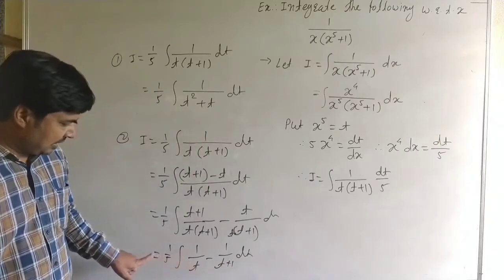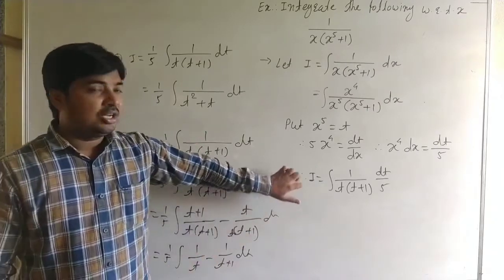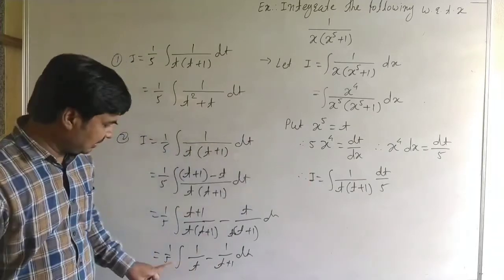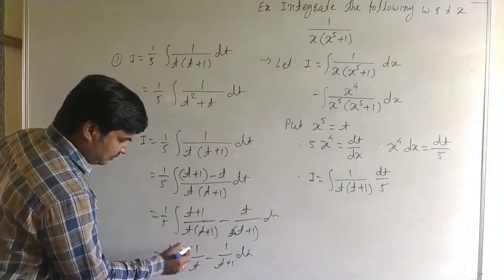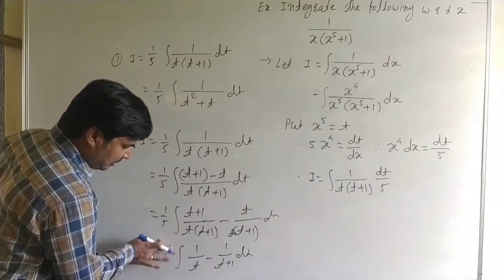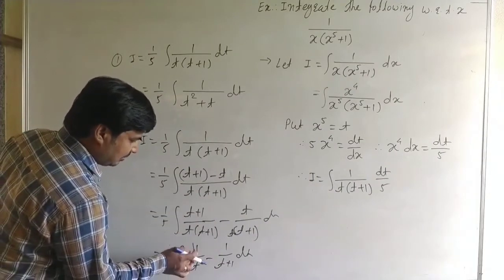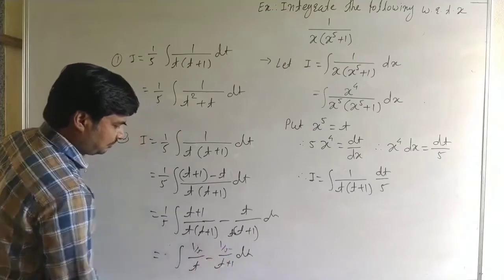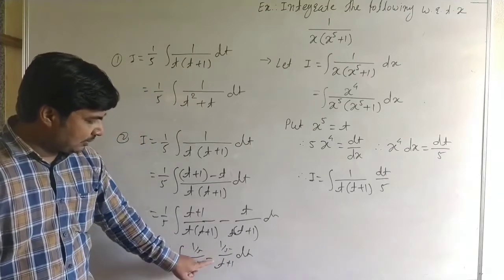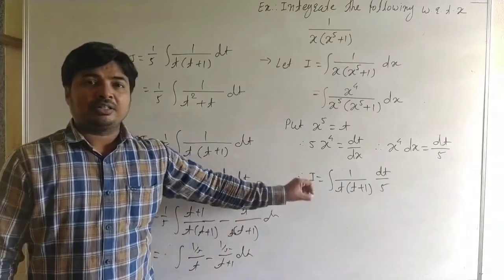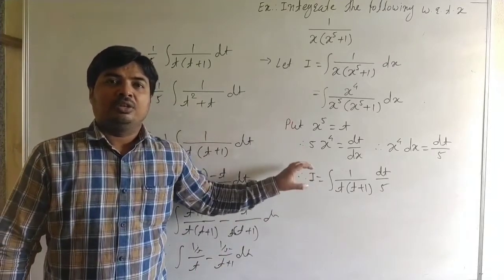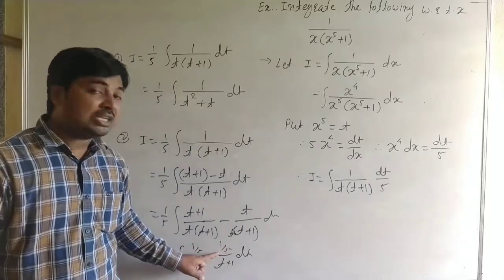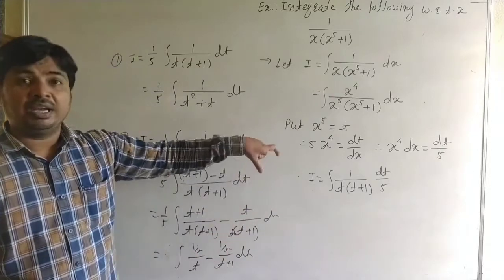See carefully. Now we solve this example by using the partial fraction. Here 1 by 5 we can write as 1 by 5, that means a upon t plus b upon t. In the partial fraction calculation, a is equal to 1 by 5 and b is equal to minus 1 by 5. We get the values of a and b.